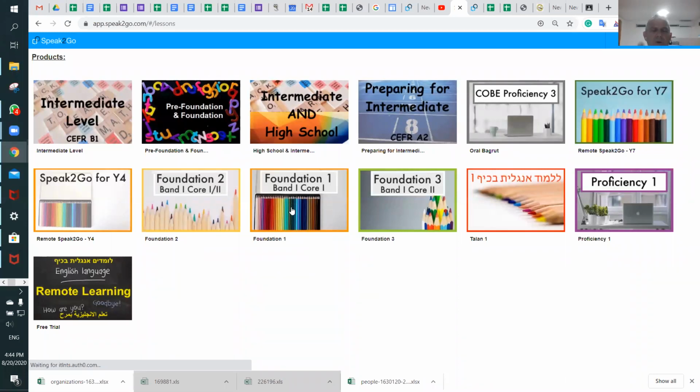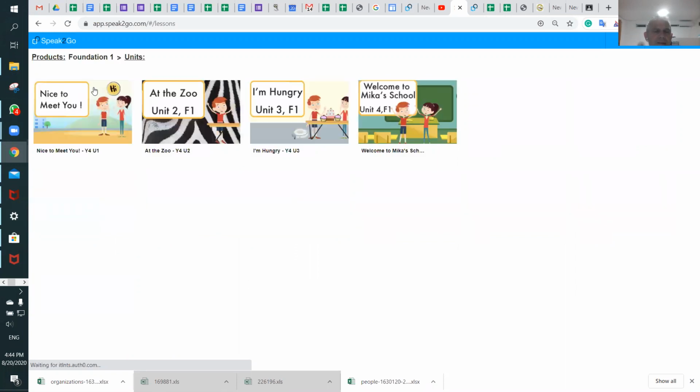Let's see now how the hierarchy of products, units, and lessons is implemented on the product itself. We are now after login. What we see here on the home page is a list of squares, where each square presents a product. So if I'm taking, for example, the Foundation 1, I can see inside the Foundation 1 the units.